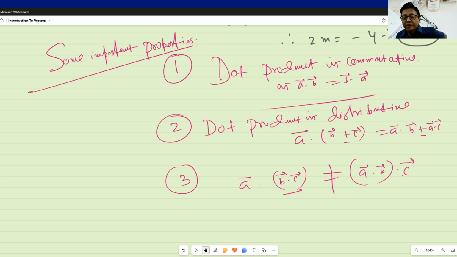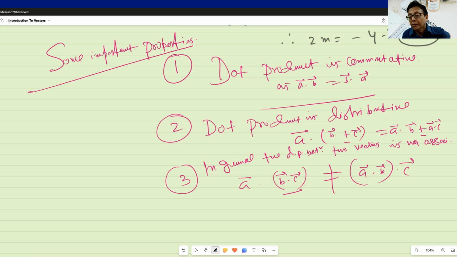They may not be equal. In general, the law is, the dot product between two vectors is not associative. Okay?